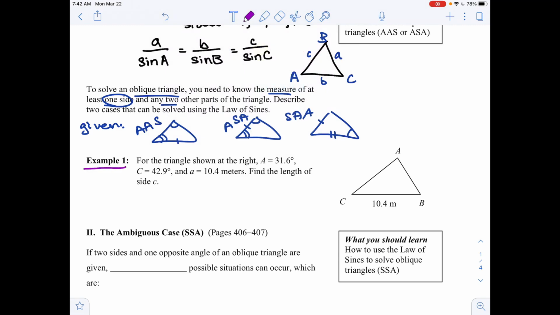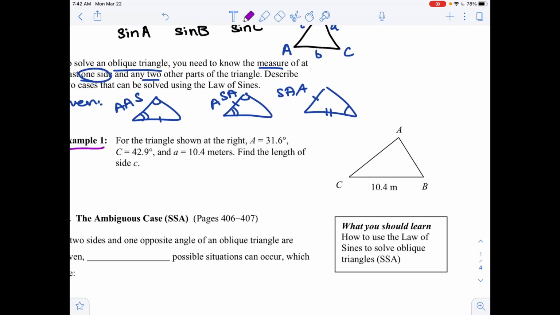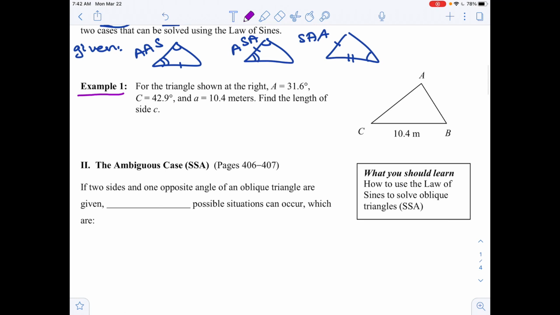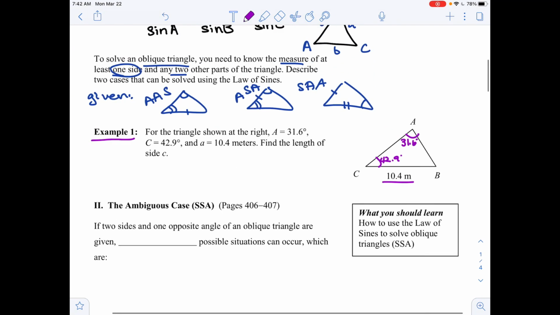For example 1, for the triangle shown at the right, and we're going to fill this in. If angle A is 31.6 degrees and angle C is 42.9 degrees and side a is 10.4 meters, find side c. Well, I know in order for the law of sines to work, I forgot to fill this in before.